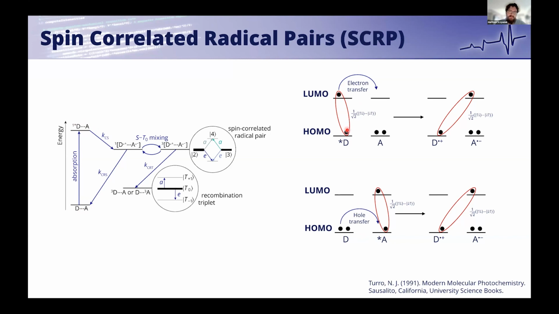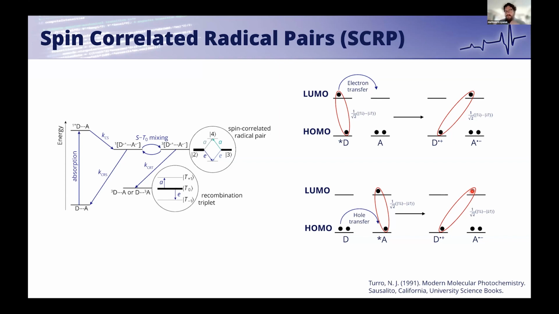And since those two electrons were initially occupying the same orbital, they start out as an initial singlet state. Following electron transfer, that spin character is conserved and maintained, such that in this charge separated state, you're looking at an electron pair, or a radical pair, which is sitting in a singlet state.